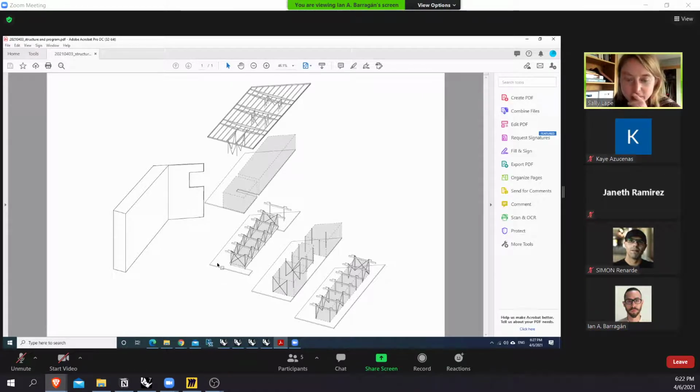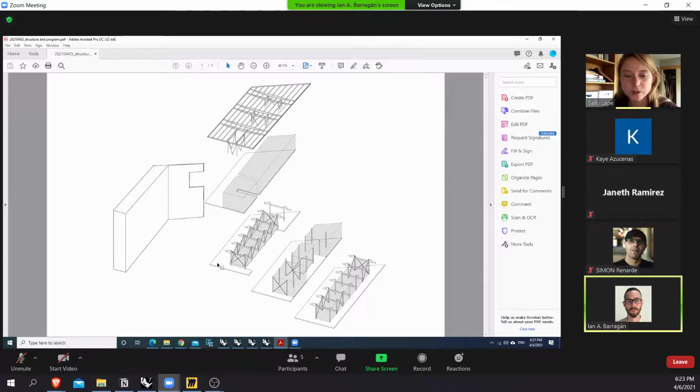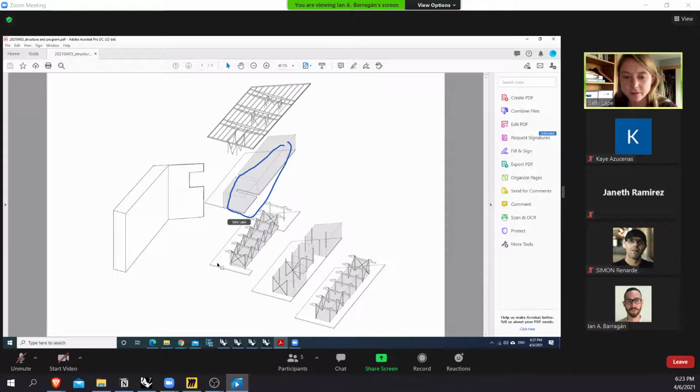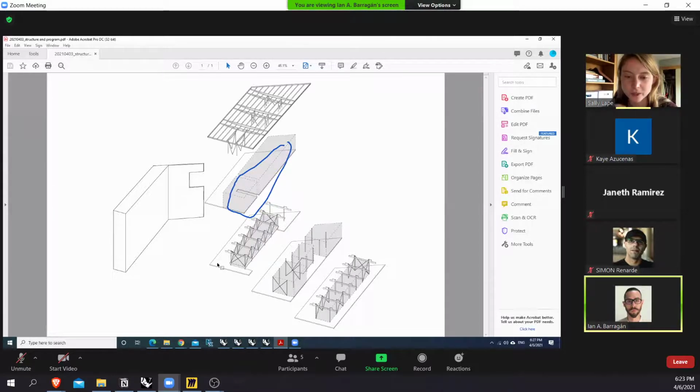Right. So for these purposes, if you could consolidate it a little bit and make it bigger, I'm seeing it smaller than you would be seeing it now just because you're screen sharing. You don't need to take up as much space on the page with this, because you're not as concerned about expressing the program volumes.